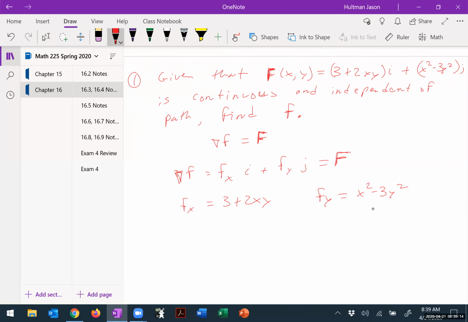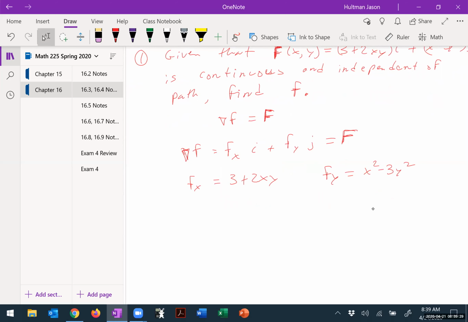Right? So we want the partial derivative with respect to x to be equal to 3 plus 2xy. So we're going to have to take an antiderivative on this one. Let's take an antiderivative with respect to x only. So this becomes 3x plus x squared y.